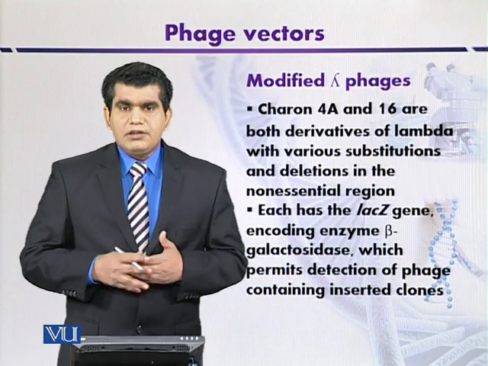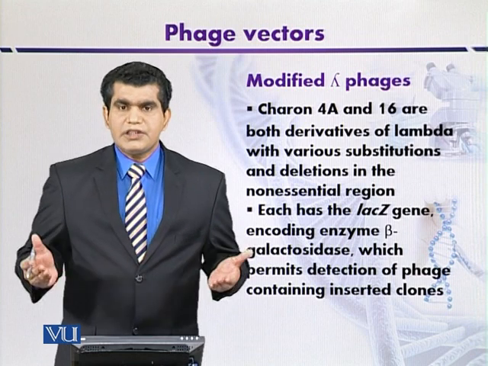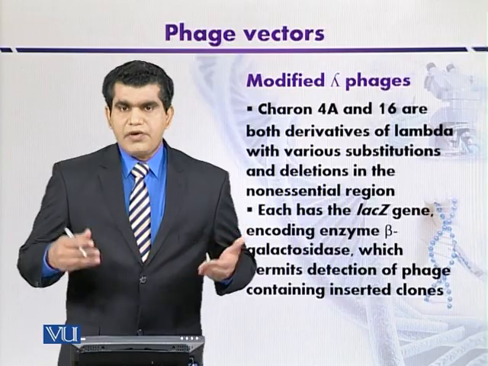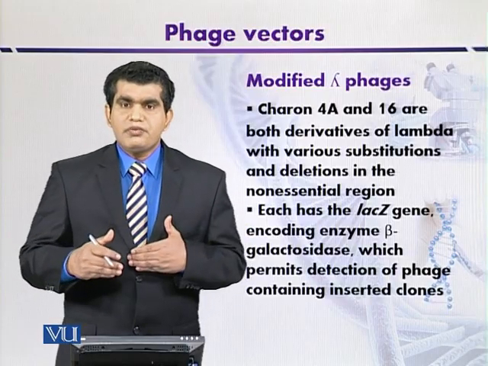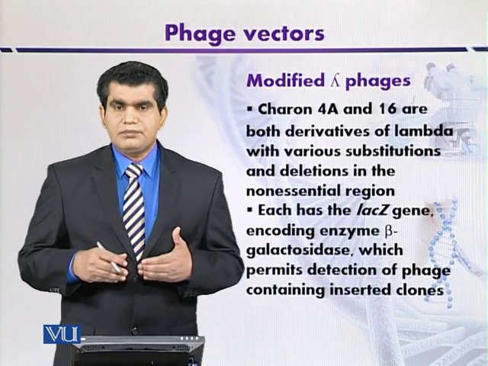Now we can say that modified lambda phages like Charon 4A and 16 can be effectively used as a cloning vector. And here the multiple cloning sites have been removed by either substitution, addition or deletion.